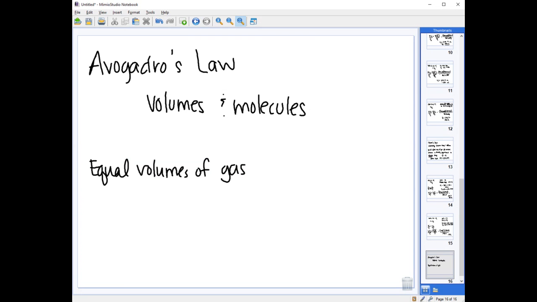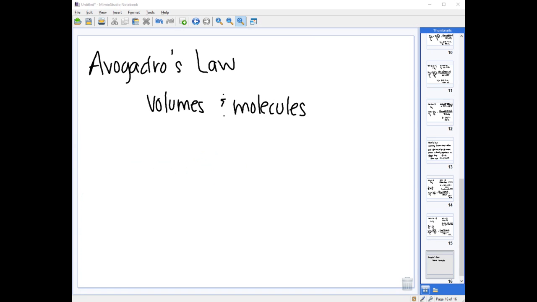Oh, sorry, hold on. That's his hypothesis. Let me write his law. His hypothesis was that if we had equal volumes of gases, they would contain the same number of molecules as long as our temperature and our pressure remained constant.